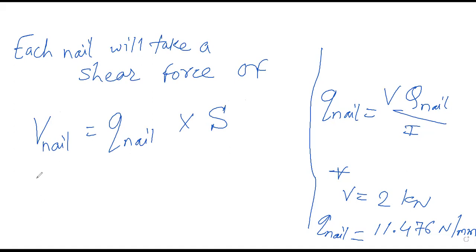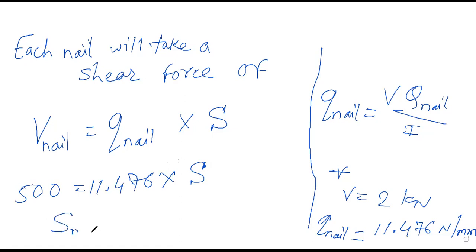So V nail is given, that is V max is 500 Newton, which is equal to 11.476 multiplied by spacing between the two nails. So maximum spacing we will get 43.57 mm.